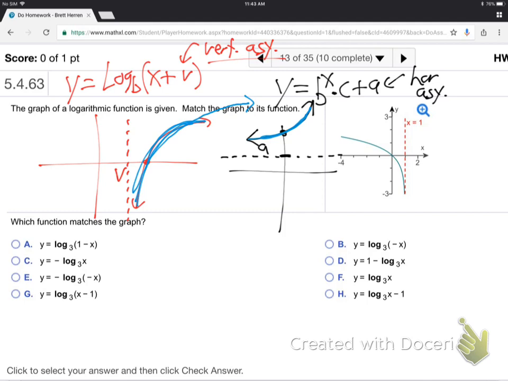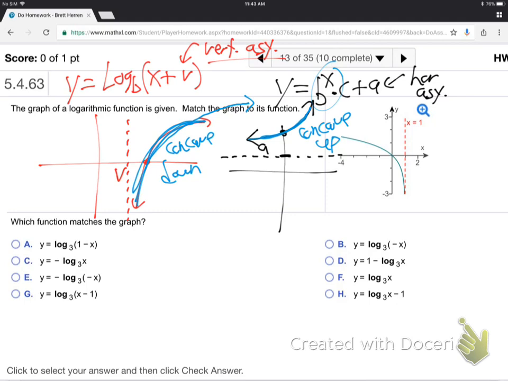Bowl turned down. This is concave down. This is concave up. Fast growth. Powerful. Rockets up, right? X is in the power zone. Things happen fast. Whereas the log, super slow growth. Bowl turned down. And then it takes a vertical dive, whereas the exponential takes a flat dive.